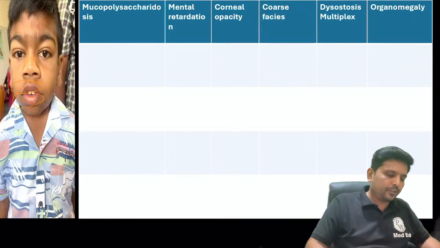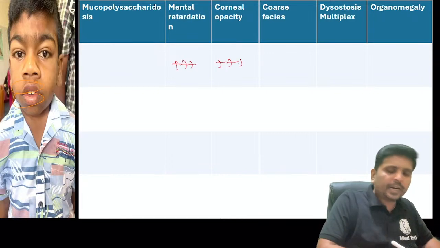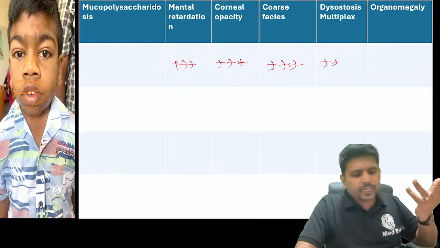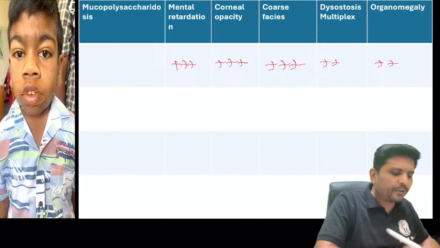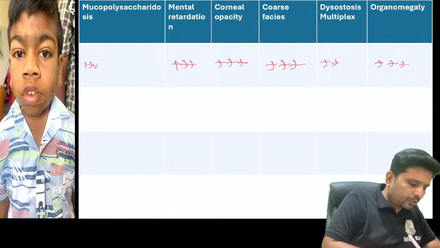The answer is yes. When you have mental retardation, corneal opacity, coarse facial features, minimal skeletal involvement with hepatosplenomegaly, this is a case of typical Hurler syndrome.